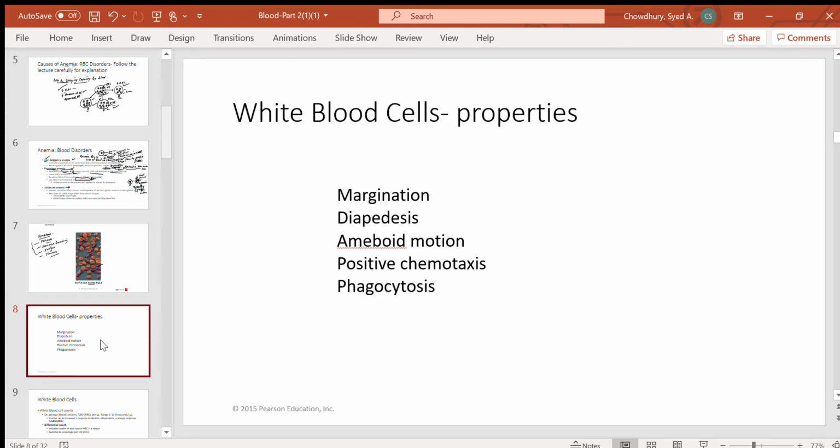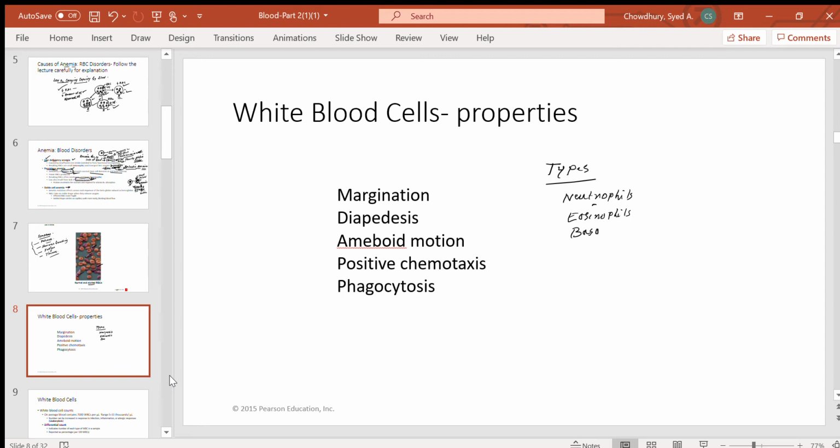Okay, now we'll talk about the white blood cells. First we'll see the types of white blood cells. We know that there are 5 different types of white blood cells, and we divide them into 2 groups. Okay, neutrophils, eosinophils, basophils.